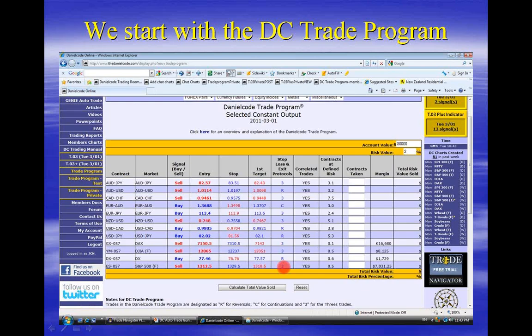And the C's, the continuations, have their own protocols, because we try to use very aggressive stops on the reversal trades, because in a trending market, the most common counter trend is 1 day, and we want to be very aggressive with our reversal trades. But with our continuation trades, we're far easier with the stops protocol. We want to give that market time to move away. So all of that's contained in this Danielcode trade program.